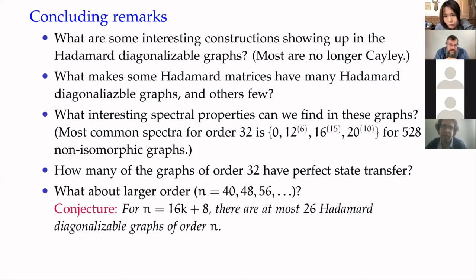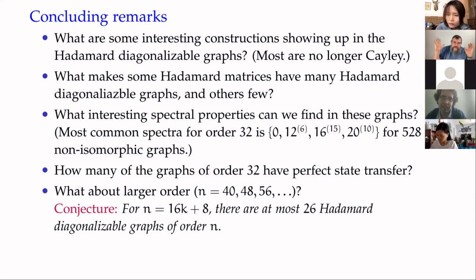For example, for 24, we know the answer is there are only 26, and they're all very nice. When we ran the larger cases, for example 40 and 56, we again saw 26 from the ones from Neil Sloane. And so it might be the case that for 16k plus 8, there are at most 26 Hadamard diagonalizable graphs.